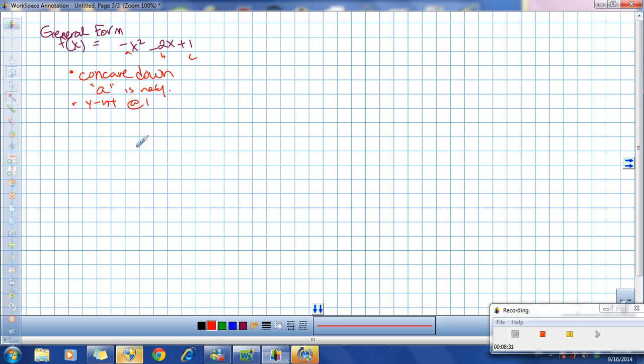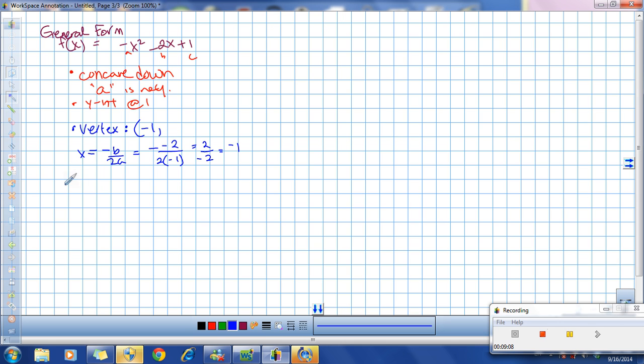And then in order for me to find my vertex, I need to do a little bit of work. First I find my x-coordinate. I use x equals negative b over 2a. In this case, b is negative 2, so I have negative negative 2 over 2 times a, which is negative 1. That's positive 2 over negative 2, which is negative 1. That's my x-coordinate. Now I'm going to plug negative 1 back into the equation to find y.